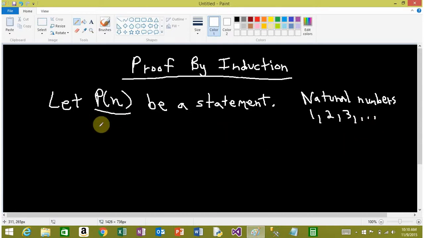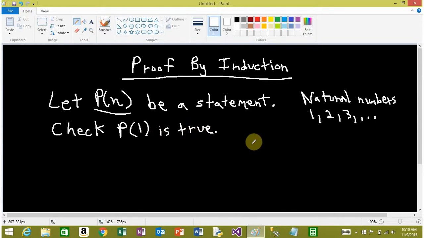And then we have this base case. We check to see that for the first value, n equals 1, P of 1 is true to start it off. Once we see that P of 1 is true and that checks out, we're going to say, let P of k be a statement.